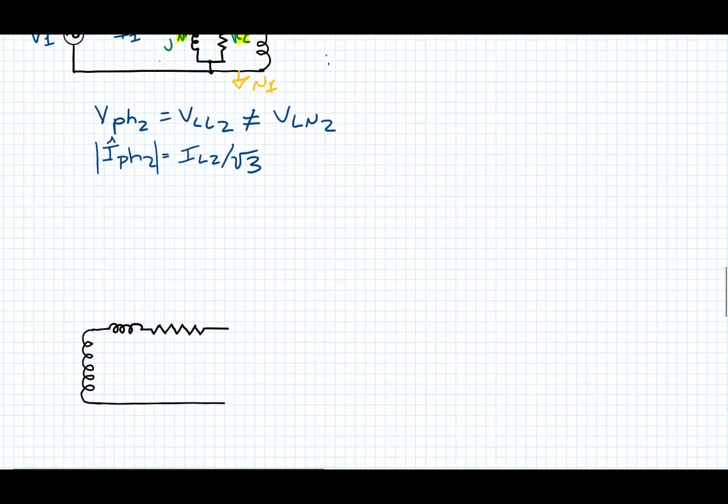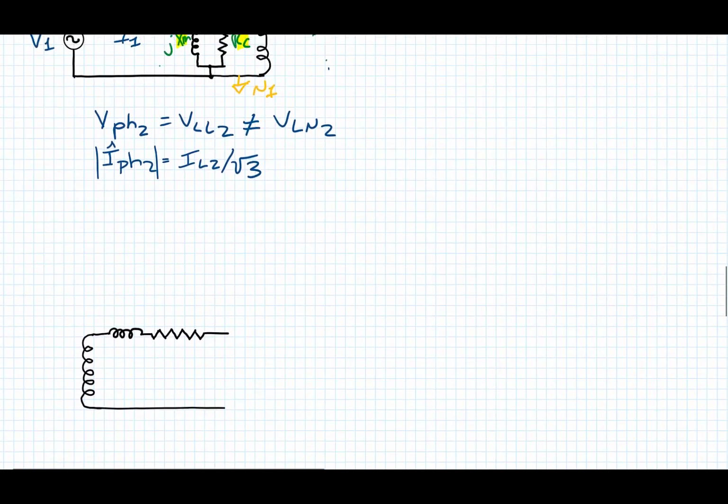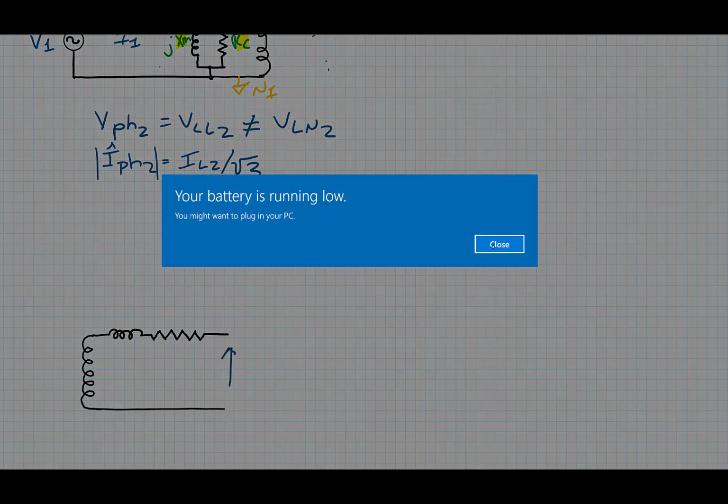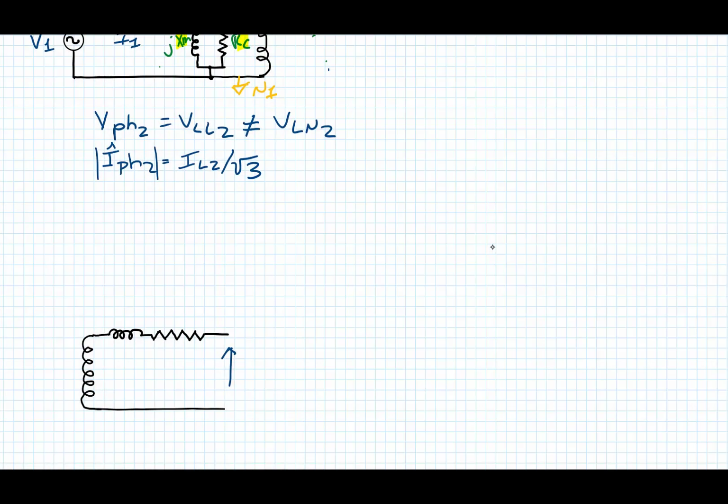So first of all, we're trying to get this line to neutral circuit that looks like this, where this would be the phasor voltage V2. We want to find the I2 here.